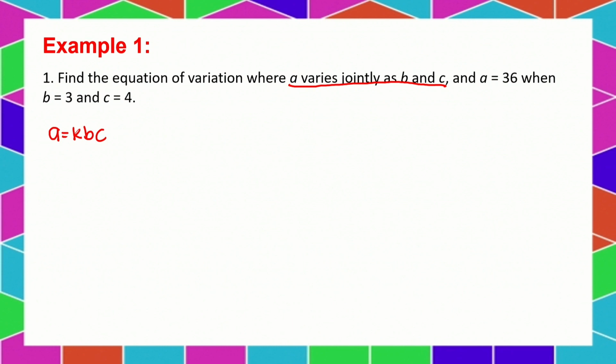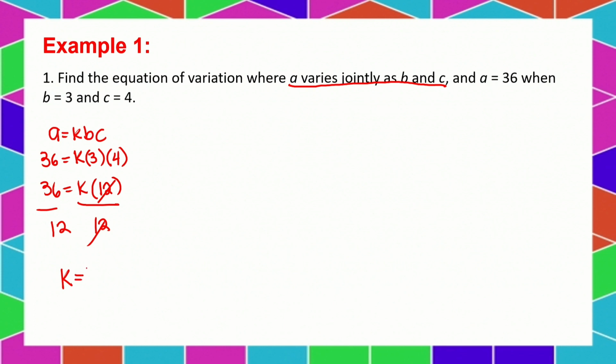So our A is 36, is equal to K multiplied by our B, which is 3, times C, which is equal to 4. Next, we simplify. That's now 36 is equal to K multiplied by 3 times 4, that is 12. Next, we solve for K by dividing both sides of the equation by 12. So this is cancelled out.